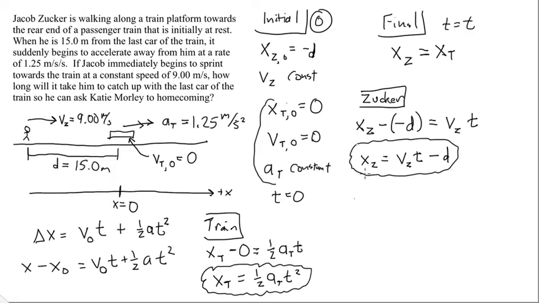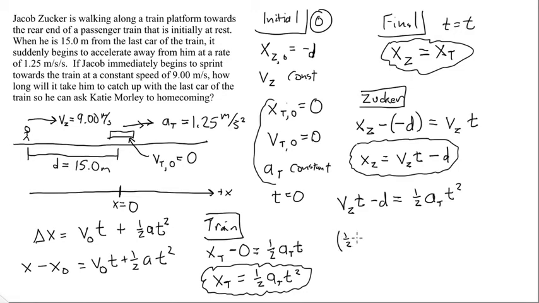So now these are the two things we plug into here, okay, because our final condition is these two have to be equal. So Zucker's final position, which is v_z times t minus d, has to equal the train's final position, which is 1/2 a_t times t squared. And then we rearrange things a bit, and we can make it a quadratic equation.